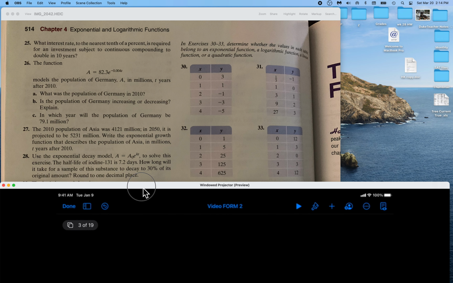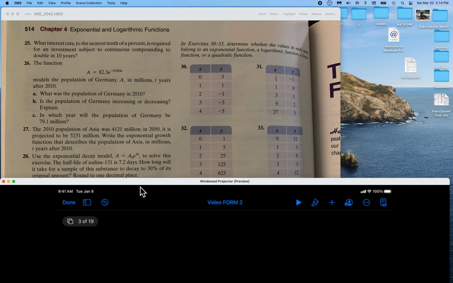Okay. First half-life problem. Use the exponential decay model. This is also the exponential growth model. What makes it a decay or growth is whether or not that k is positive or negative. So let's write down the formula. A of t. I like to put A of t because it reminds you that it's the amount after a certain amount of time.